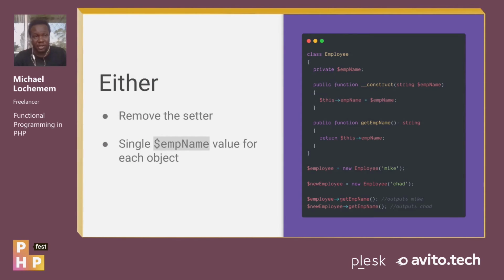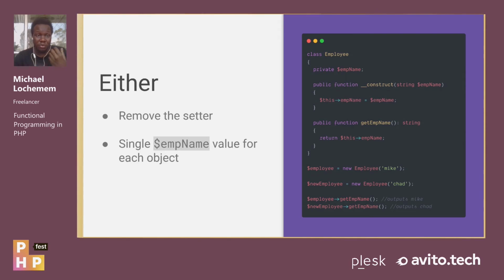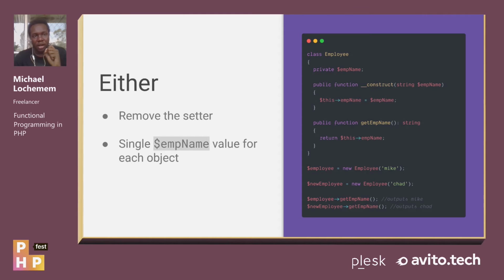You either jettison the setter altogether, so you keep your objects atomic. You maintain the atomicity of your objects, right? So you either remove the setter entirely and create a single employee name value for each object. I know it's a tricky proposition, but it basically allows you to silo, to sequester, operations to specific objects.